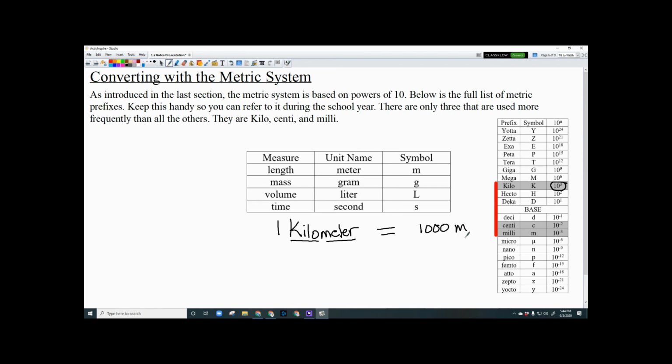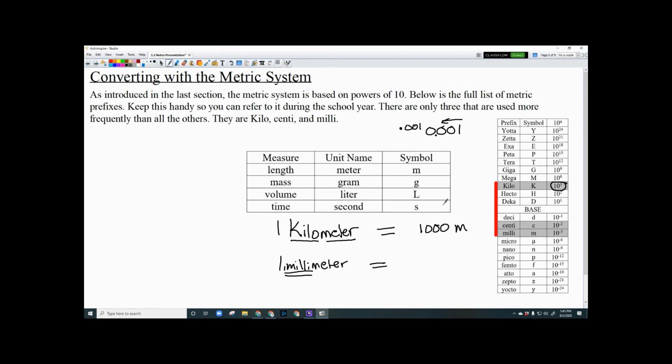Okay, so we can do the same thing with these down here that are below the base. Let's take millimeter, for example. So 1 millimeter is equal to what? Well, what's the numerical equivalent for milli? It's 10 to the negative third power. So 10 to the negative 3 is going to be 0.001. Because remember, our base unit is 1, and negative 3 means you're moving the decimal this way. So 1, 2, 3.